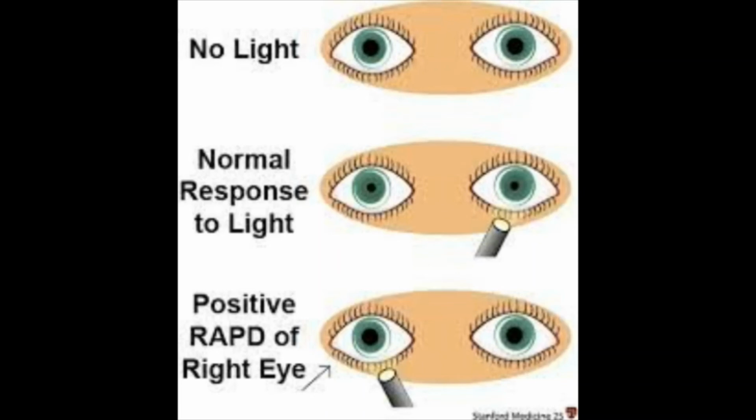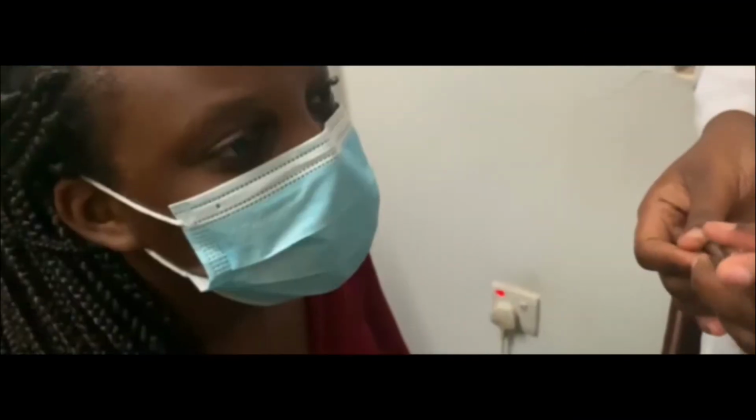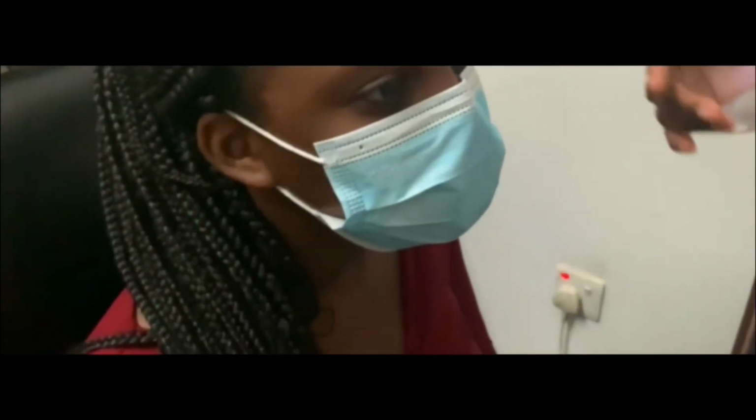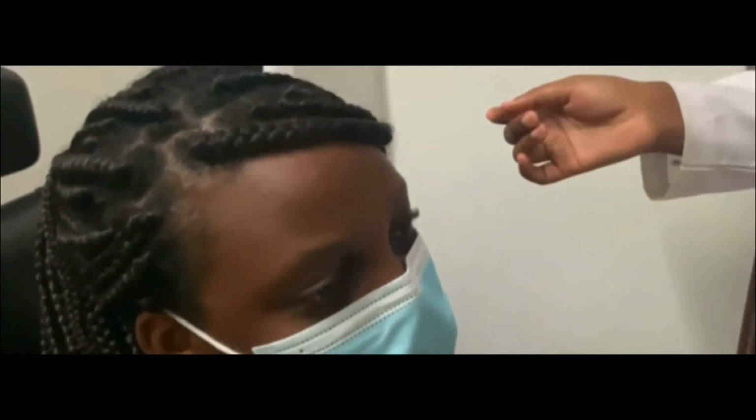So when there is no light, both eyes are dilated. When we take the light to the eye that is okay and does not have any defect, both of them constrict, right? But when we take the light to the defective eye, that is the eye with the RAPD, it's still dilated. It does not constrict, meaning that there's a lesion along the afferent pathway.